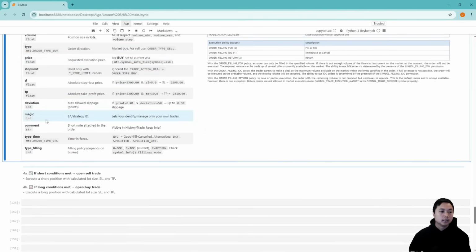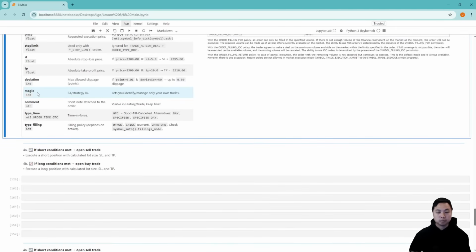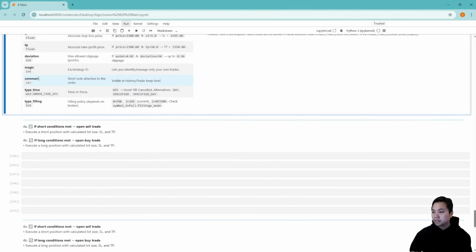And then we also have the magic here, which is just an ID for identifying your executions or strategy for your tracking. And then, of course, we can also leave comments in the orders so that we can find them back later on.